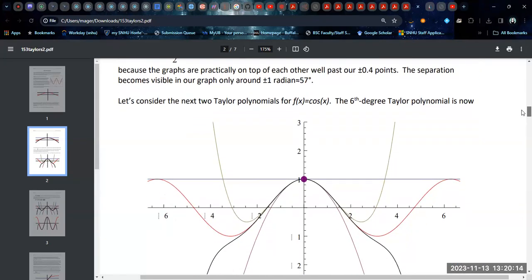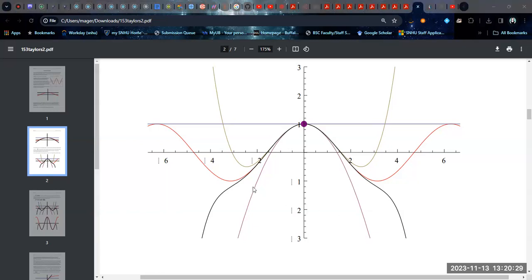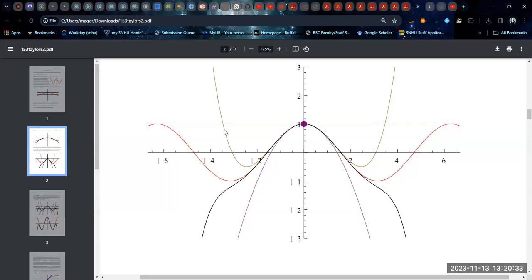Now, if we add additional terms, there's our 1, then our quadratic is this purple line now. If we add additional terms, they're all even functions because cosine is an even function, but you're going to get better and better approximations.